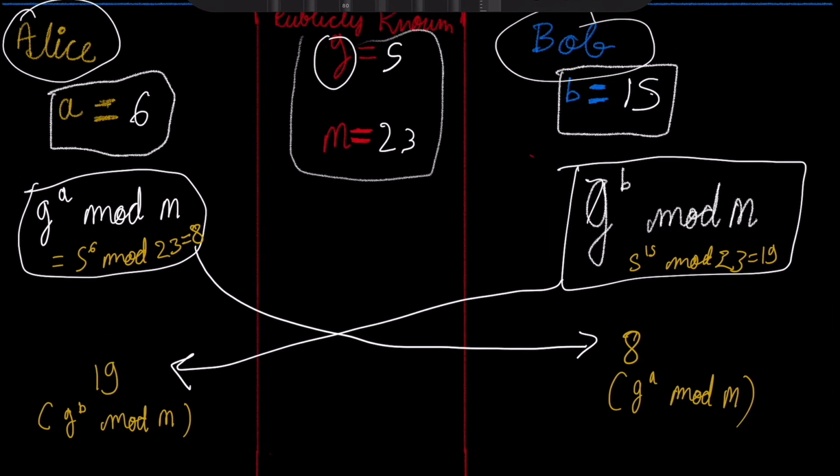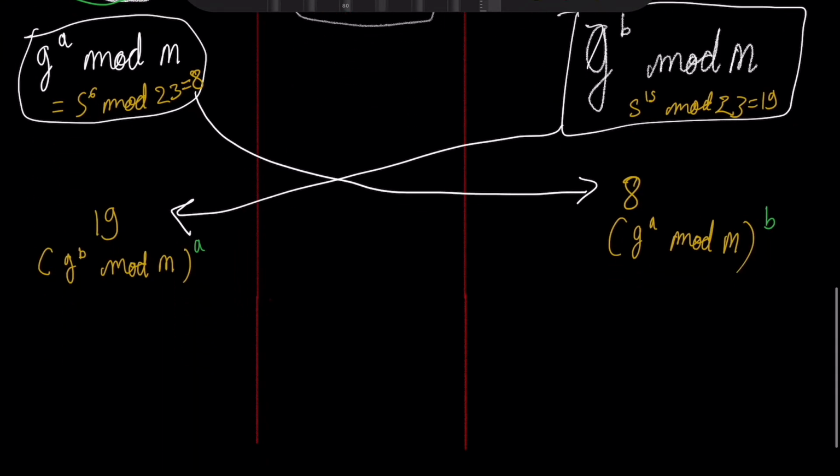Now Bob will raise this to b and Alice will raise this to a. Remember, only Alice knew the value of a and only Bob knew the value of b. They randomly chose it. And then what they will do is they will do the mod n of it and mod n of it.